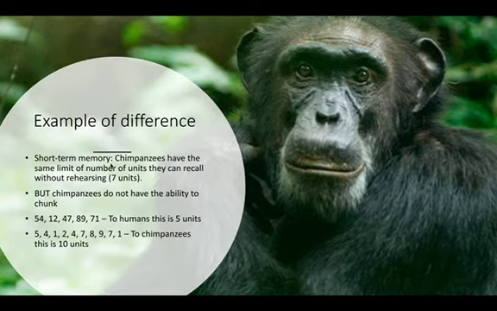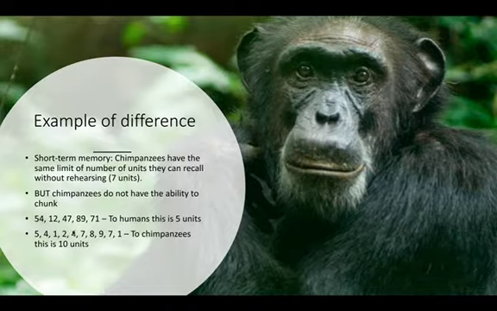Okay, just like us, chimpanzees have the same limit of number of units they can recall without rehearsing, right? Which is 7 units. They can remember 7 units of information in their short-term memory. Okay, but the difference is that chimpanzees do not have the ability to chunk. Okay, chunking is putting different information together to make one meaningful unit.